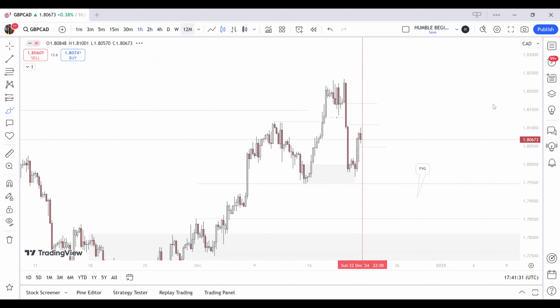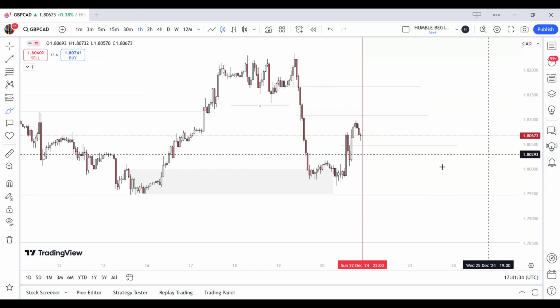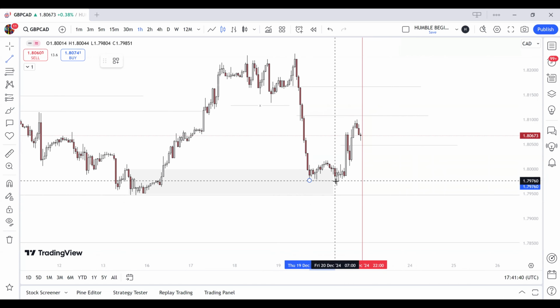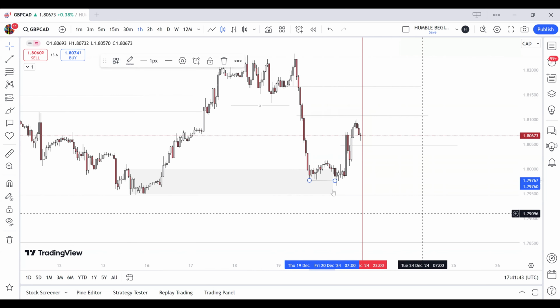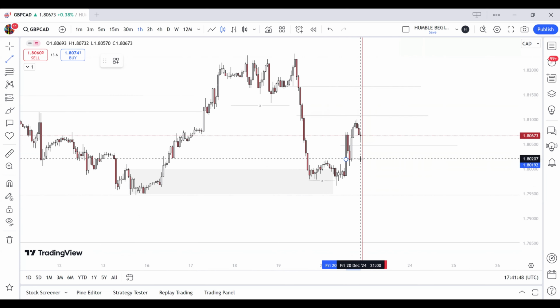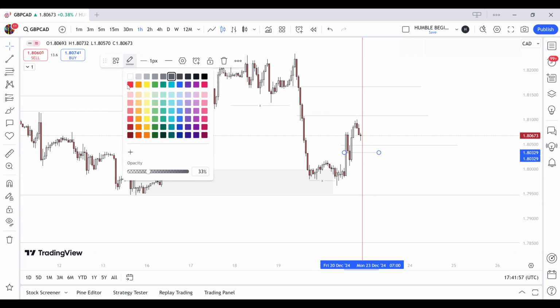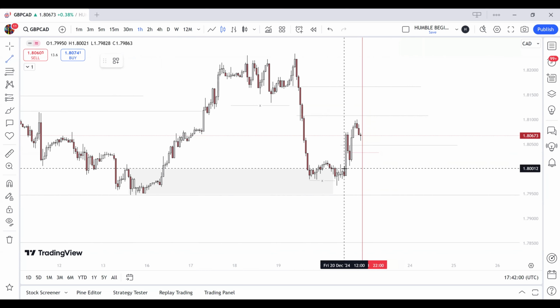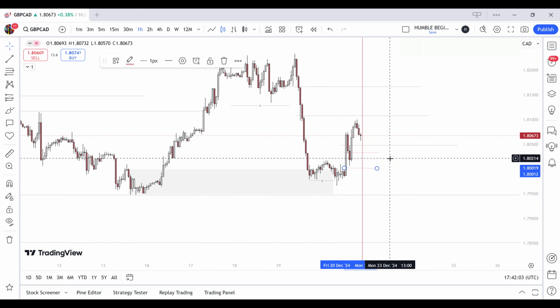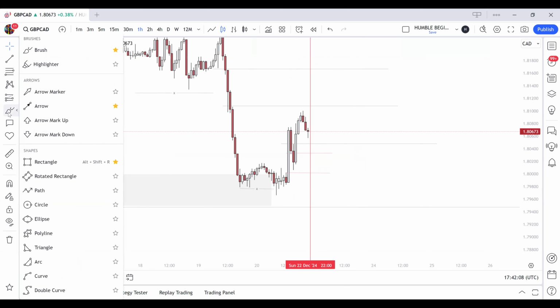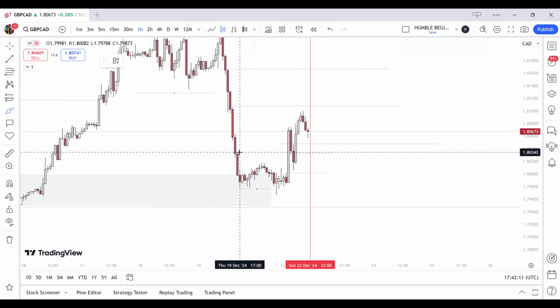However, when we scale down to the lower time frame, what could happen? What could happen, right? Because we already took liquidity at this point before our massive structure shift, which left a fair value gap behind. Sorry, right? We left this fair value gap behind. I'll just change the color. Right. And so what we could potentially see if we're going to continue to trade to the upside.